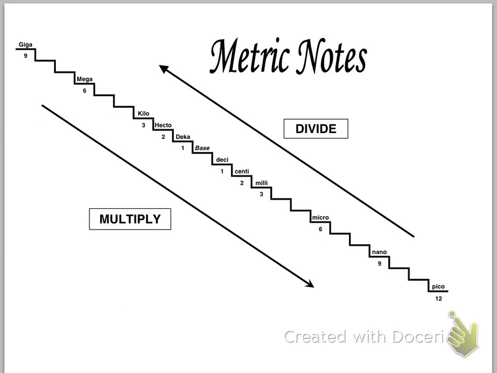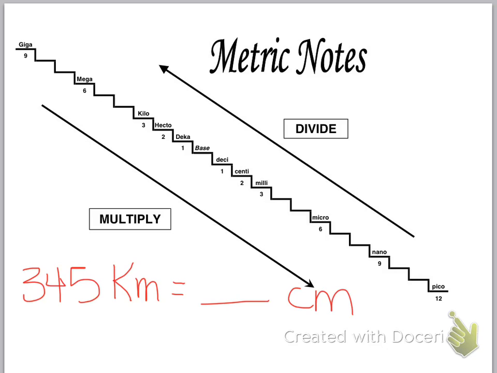Alright, so maybe we try another one. Let's say we have 345 kilometers, and I want to figure out how many centimeters that is. So again, I'm starting here at kilo.